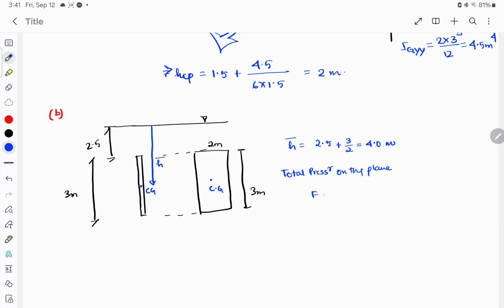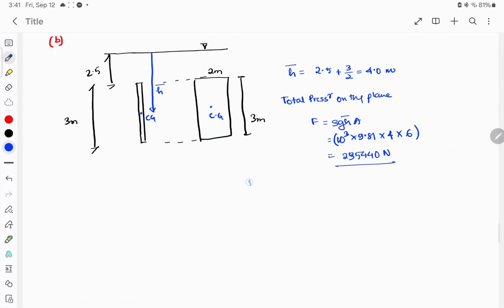Again use the same formula, F is equal to rho g h bar into A. Rho is 10 to the power 3, g is 9.81, h bar is now different, and area is 2 into 3, that is 6. So this will come out to be 235,440 Newton.